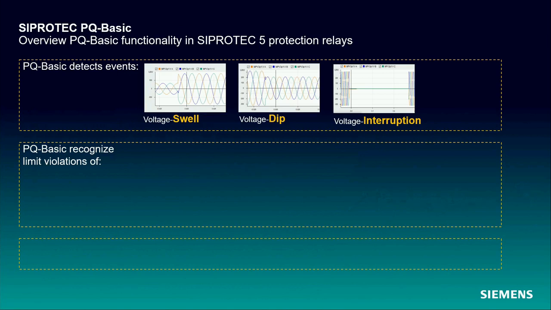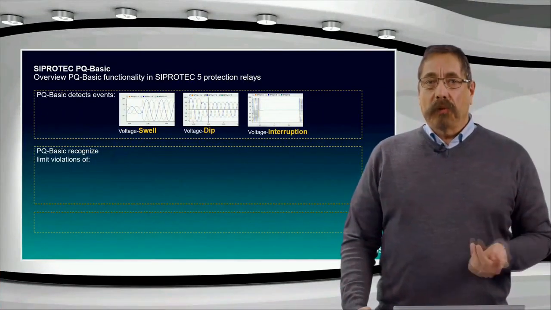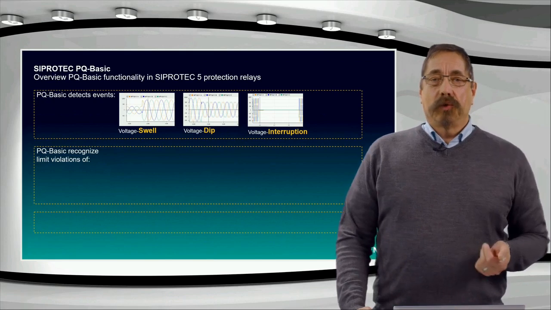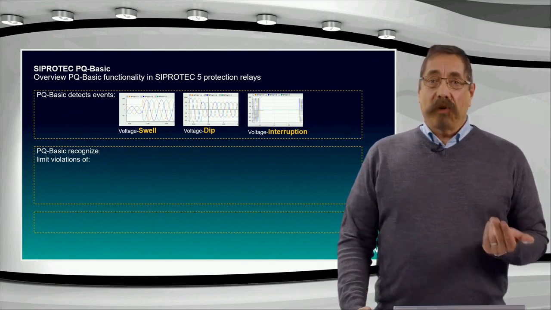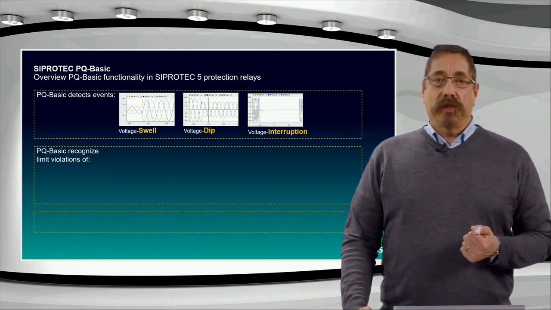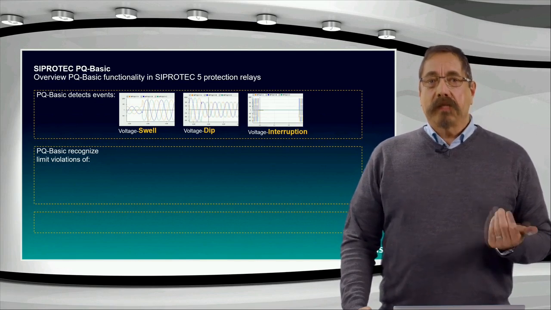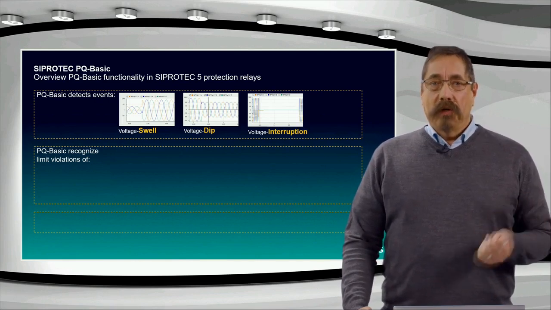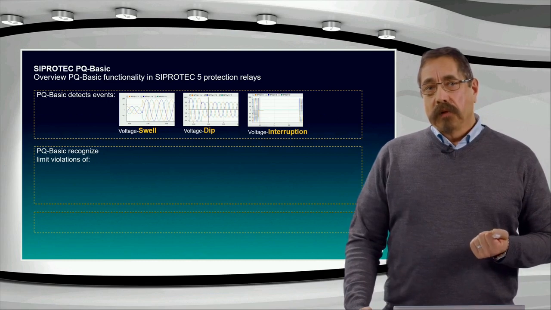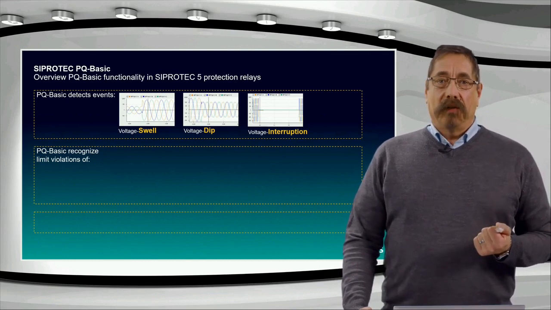The algorithm classifies that as an interruption. The PQ Basic feature registers for each event type the duration from the beginning to the end, the duration per phase, and per phase the largest deviation from the limit. As soon as the event is over, a counter will be increased. How that looks, we will see in detail on the next slide.